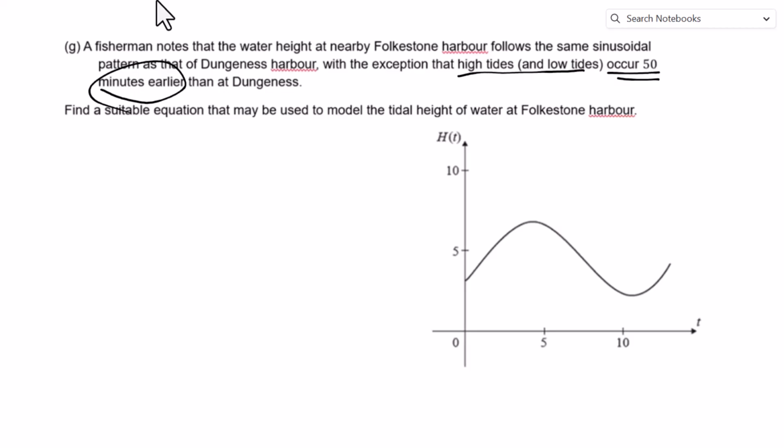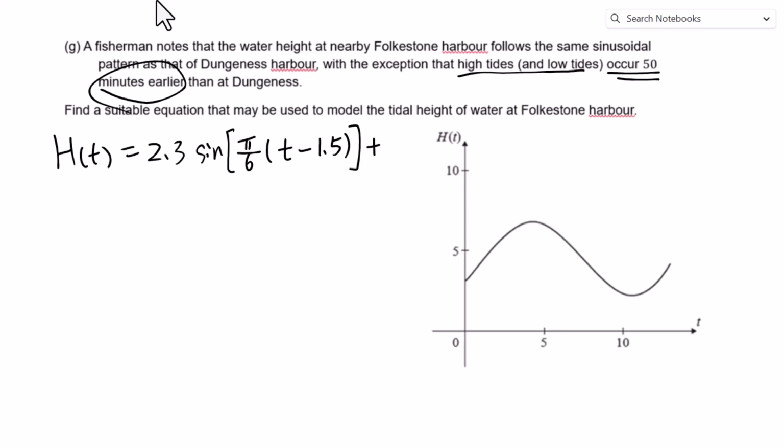First of all, we know h of t equals 2.3 sin pi over 6 times t minus 1.5 plus 4.5. Occur 50 minutes earlier since the unit for time is hours.